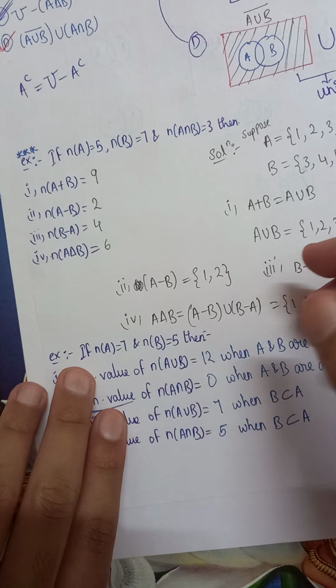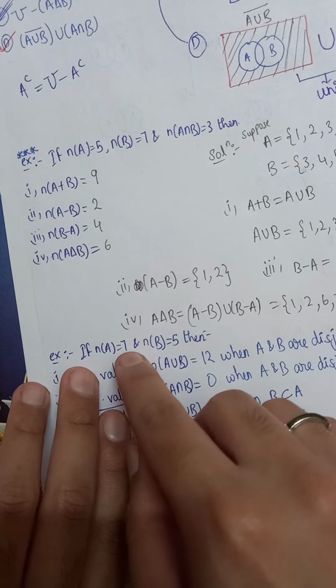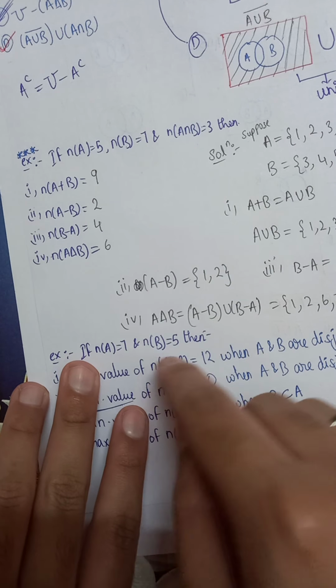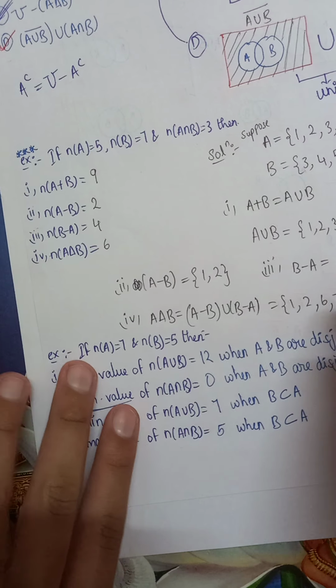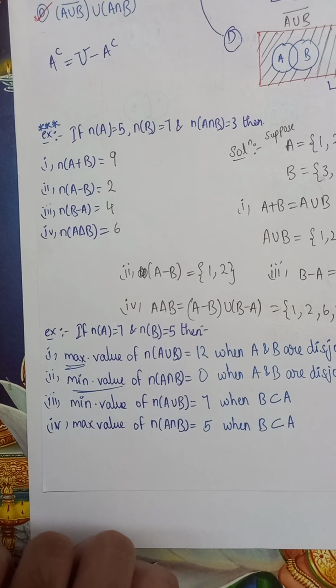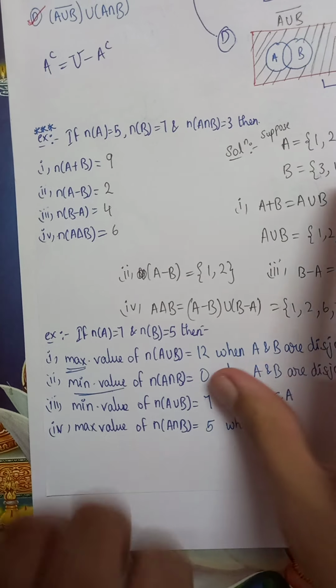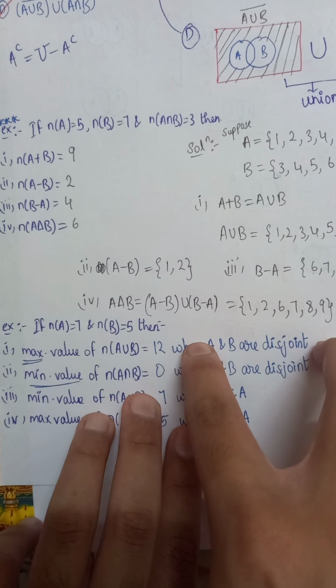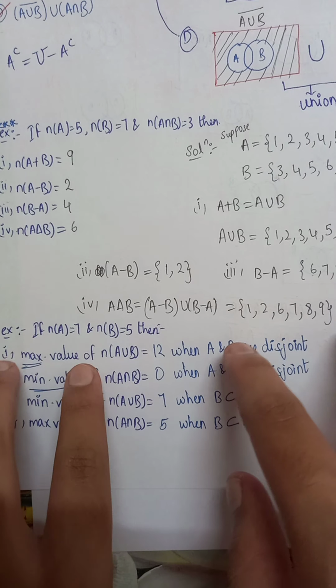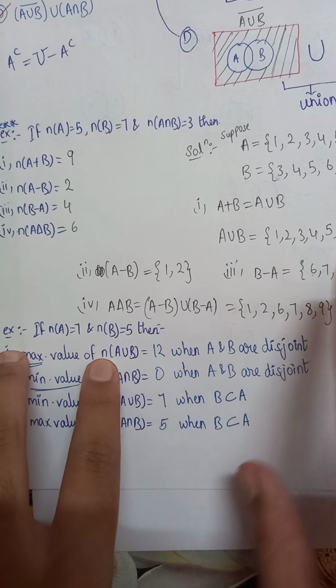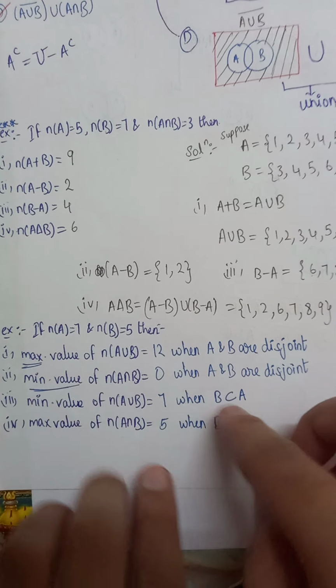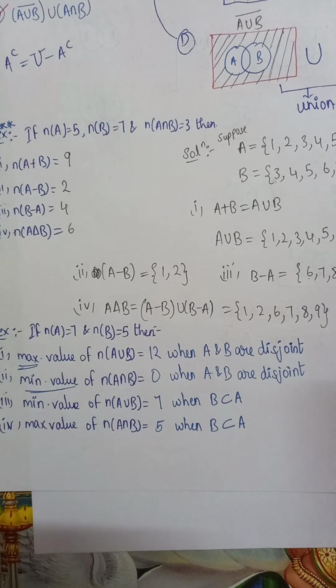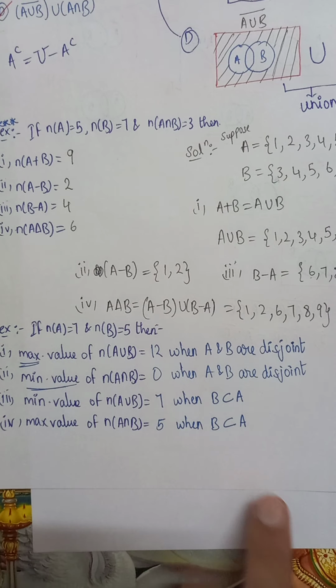You should not take 9 elements in set A. You should take only 7 elements in set A and 5 elements in set B. By taking that, you can solve the question. You can check the answers. For the first question, you need A and B to be disjoint, and for the third question, B is a subset of A. Suppose like that, and then you can solve the question and verify the answers.